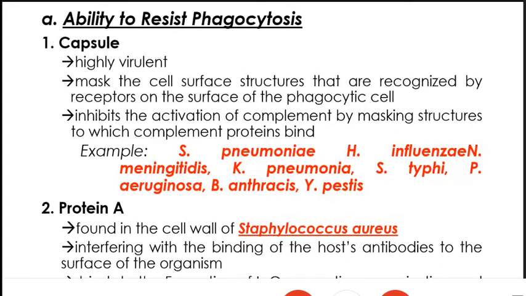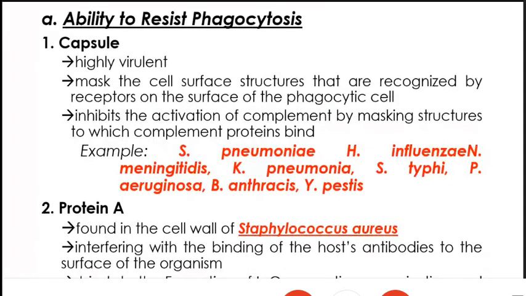Ma'am, the ability to resist phagocytosis. So we have the capsule and protein A. Yung pinagkaiba nung dalawa kasi, ma'am, kapag yung sa capsule, they inhibit the activation of complement by making the structure to which complement proteins bind. So hindi na makakapag-bind yung protein kasi nga ininhibit nila yung activation nun.